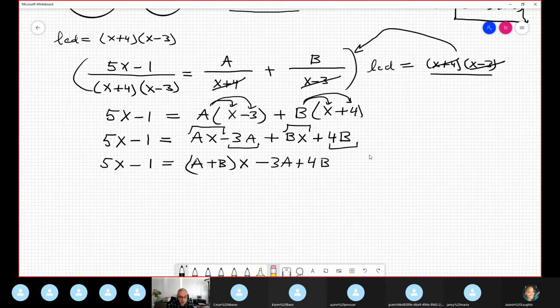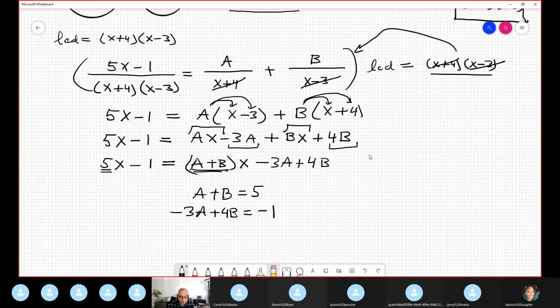Then you have in the left-hand side one polynomial of degree 1, and the right-hand side will have another polynomial of degree 1. So you can associate, see, this polynomial is the same, it's an equal sign in between. It's because a plus b equals 5. And this guy is exactly the same as this guy. And minus 3a plus 4b is equal to negative 1.